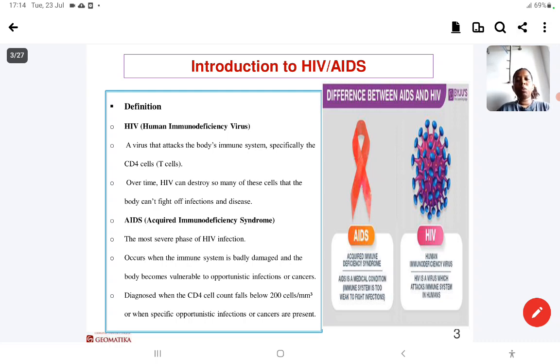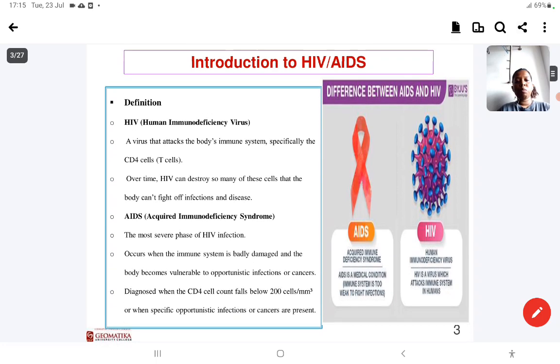Over time, HIV can destroy so many of these cells that the body can't fight infection and disease. AIDS is the most severe phase of HIV infection, occurring when the immune system is badly damaged and the body becomes vulnerable to opportunistic infection or cancer. It is diagnosed when the CD4 cell count falls below 200 or specific opportunistic infections or cancers are present. Next, we move to the next slide.